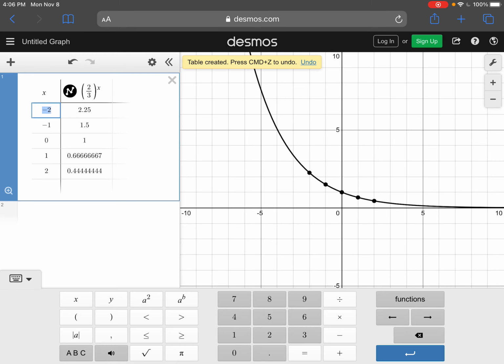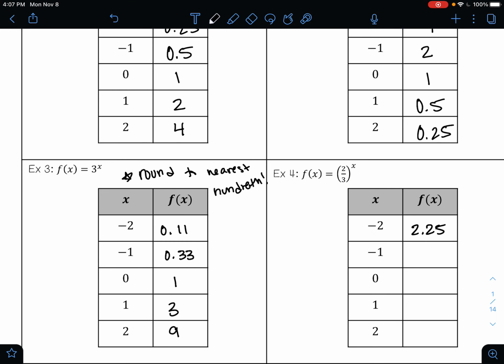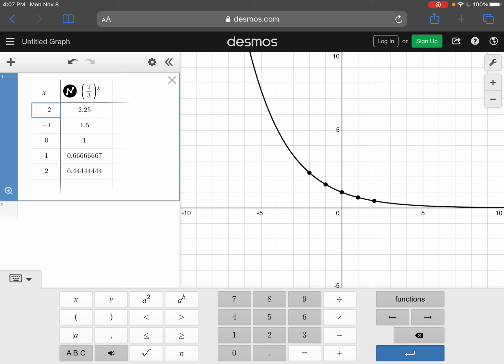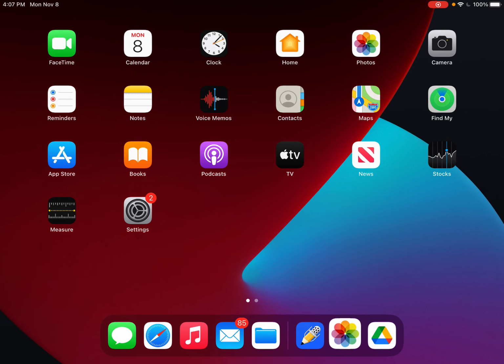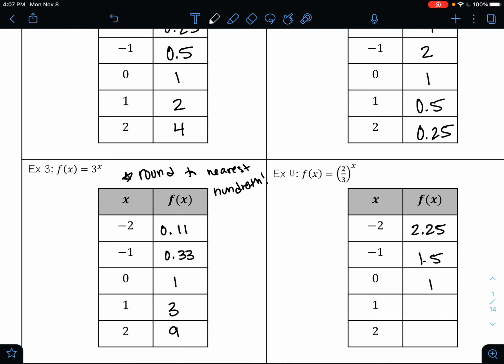And I have 2.25, 1.5, 1, 0.67, and 0.44. And again, I'm doing this because I'm rounding to the nearest hundredth. So that's 2 decimal places.